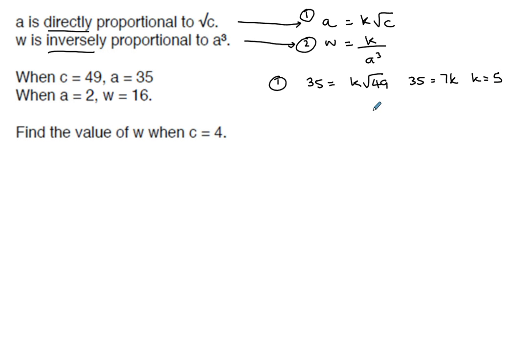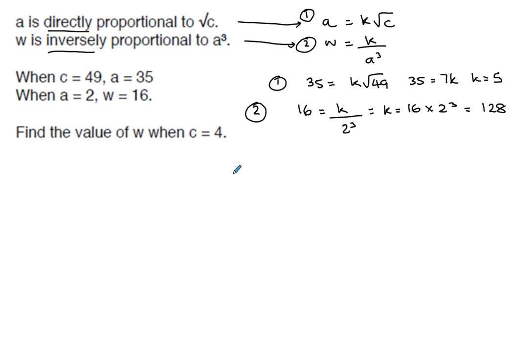Yeah, 7 times 5. Okay, in the second one, A is 2, W is 16, so 16 equals K over A cubed, so 2 cubed, which is 8, so K equals 16 times 2 cubed, which gives you 128.